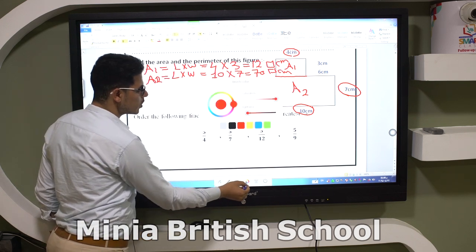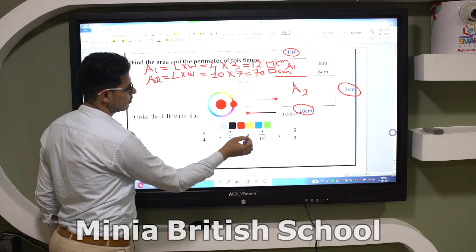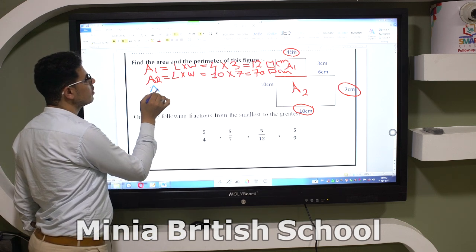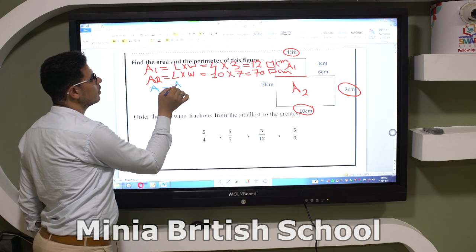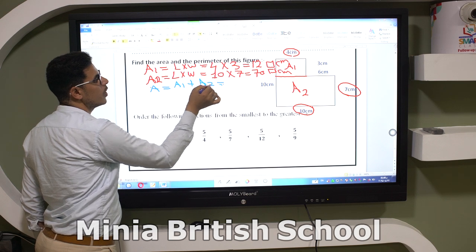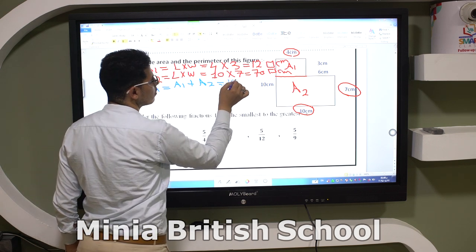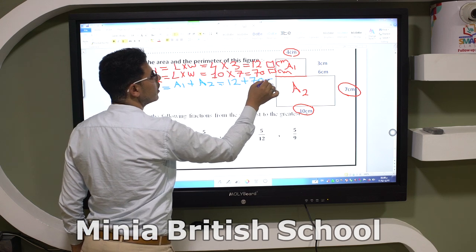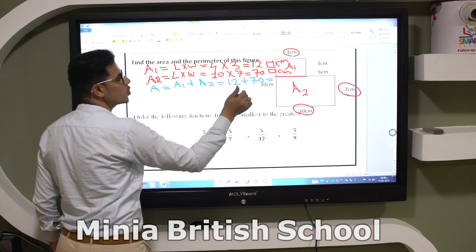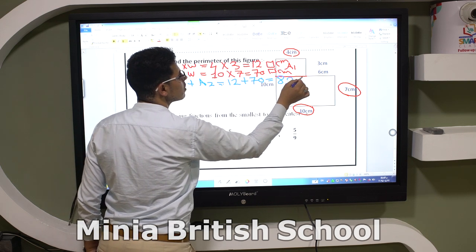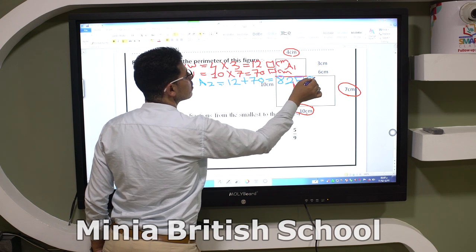Let's find the total area. Here the total area equals area 1 plus area 2. Area 1 equals 12, plus 70, equals 82 square centimeters.